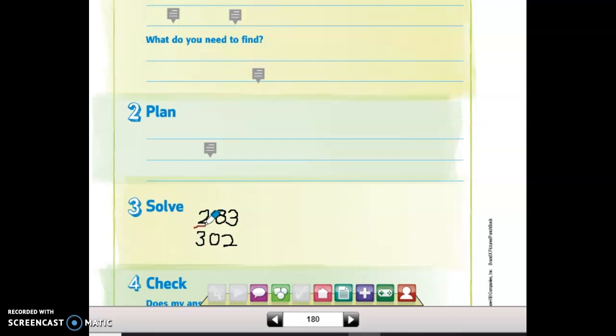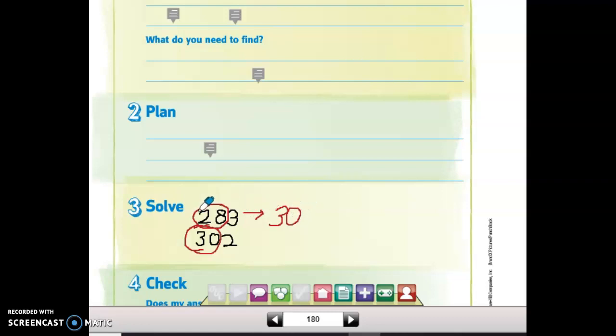So I'm going to underline the hundreds place, and I'm going to circle the digit that I'm rounding to and the one before it on both numbers that I'm rounding. And then I can see how it makes it easier for me to round. 28 is closer, if I drew a number line and 20 was at one end and 30 was at the other, 28 would be closer to 30.